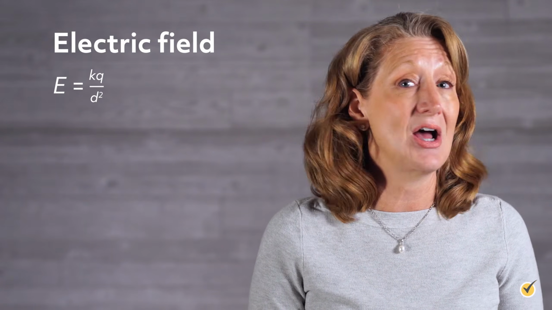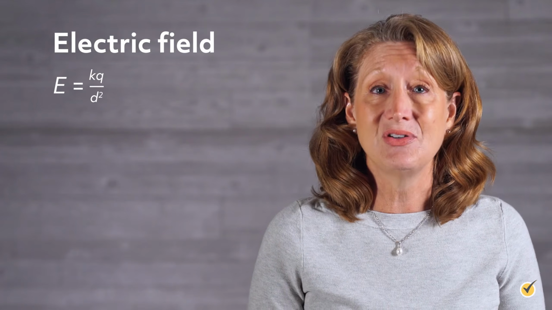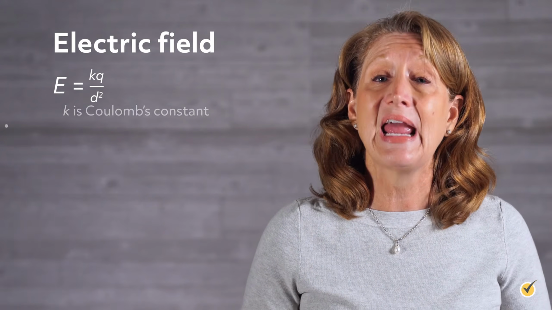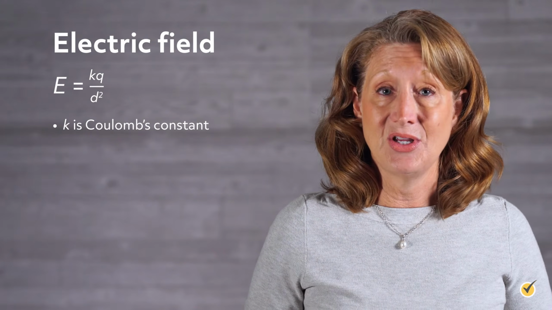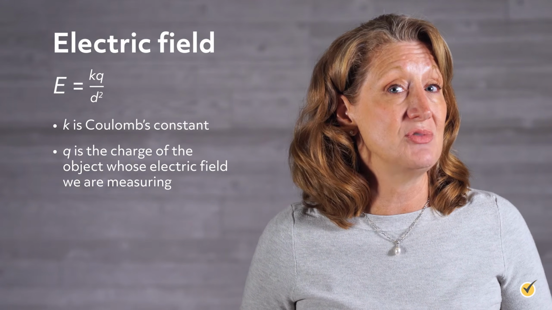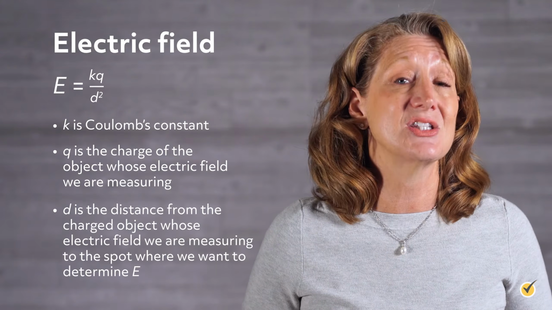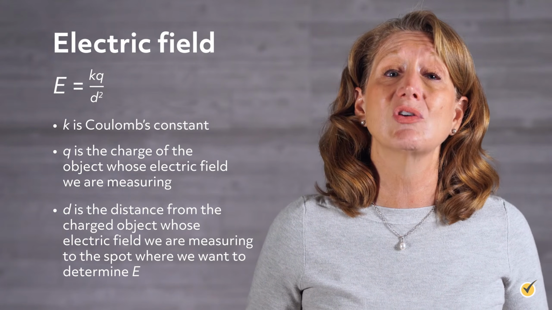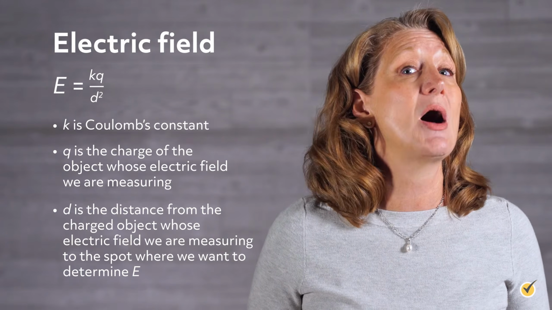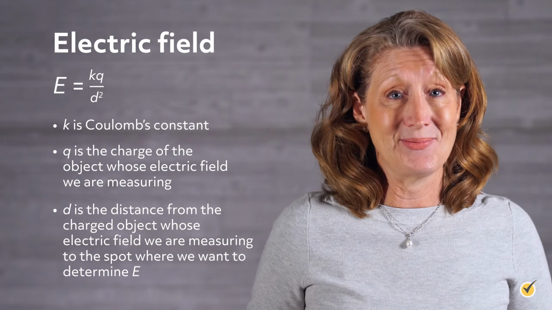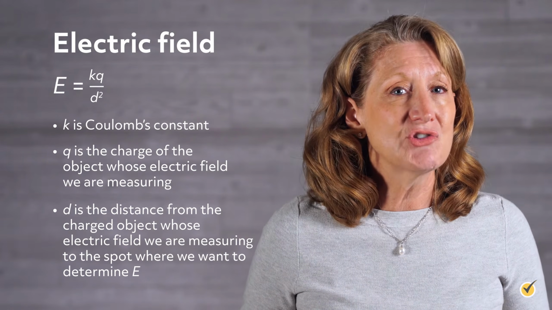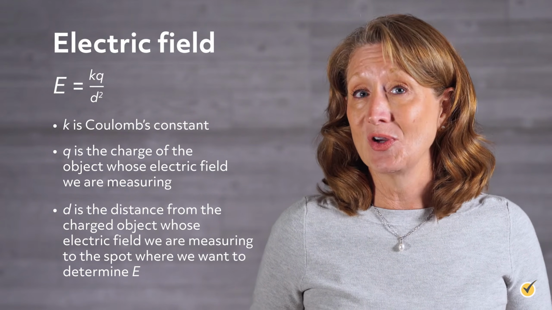The equation for electric field is E equals K times Q all over D squared, where K is Coulomb's constant, Q is the charge of the object whose electric field we're measuring, and D is the distance from the charged object whose electric field we're measuring to the spot where we want to determine E. The value of the electric field changes depending on where you are.